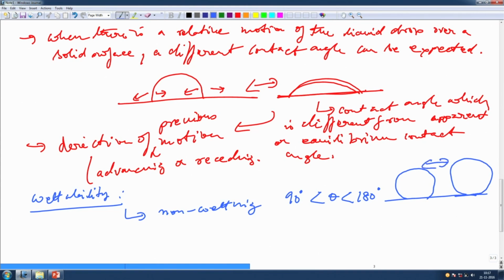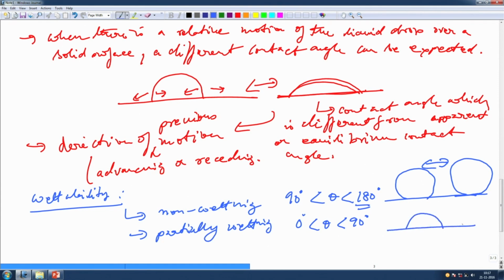For example, if you put wax on a surface and you put a droplet on top of that, you will find that it almost sits like a sphere. That means the contact angle is very high, close to 180 degrees. Okay. Partially wetting, the contact angle will be greater than 0 and less than 90 degrees. So, that means this particular thing exhibits anywhere between this and this.